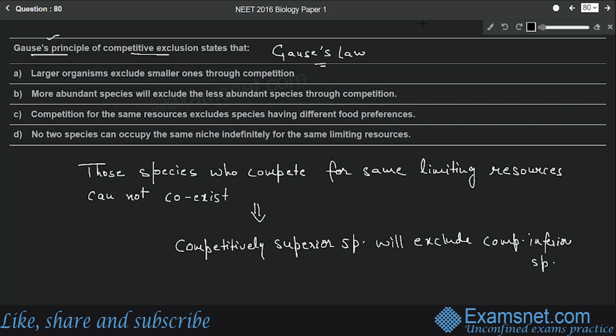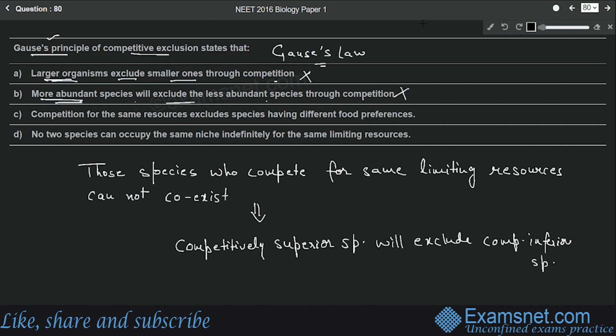So let's come to the options now. The first option says larger organisms exclude smaller ones through competition. This is not true, because this exclusion is not related to the size of the organism. Instead, it is related to superiority. So this is incorrect. Now the second option says more abundant species will exclude the less abundant species through competition.